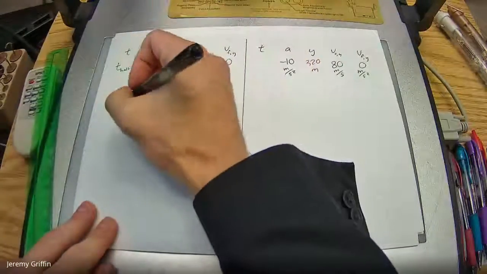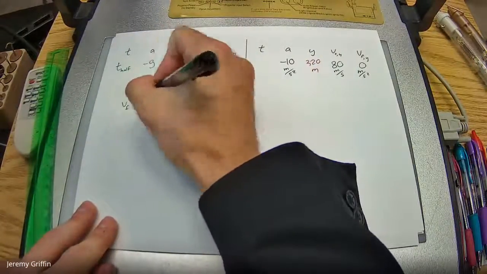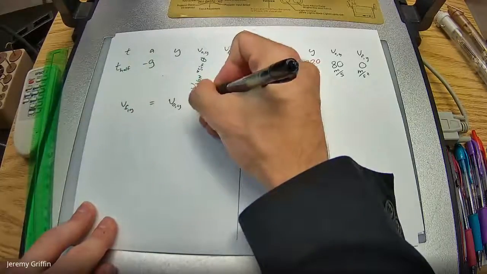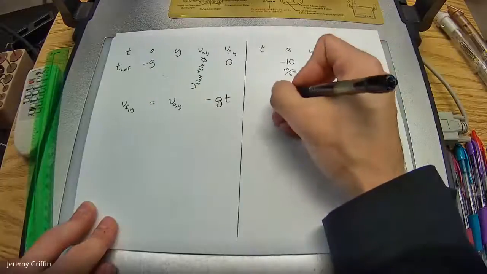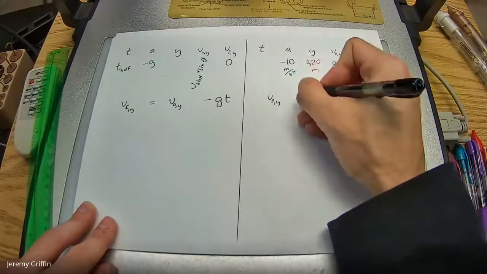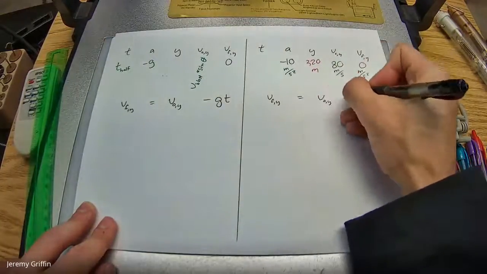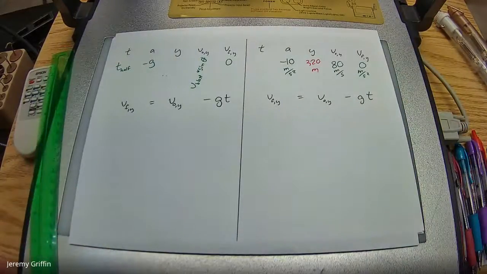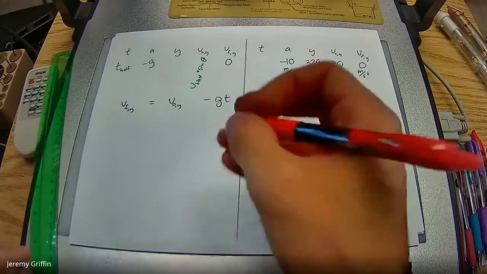Final velocity in the y direction is equal to initial velocity in the y direction minus gt. V_fy equals v naught y minus gt, something like that. Now, in general numbers, stick it right over here.